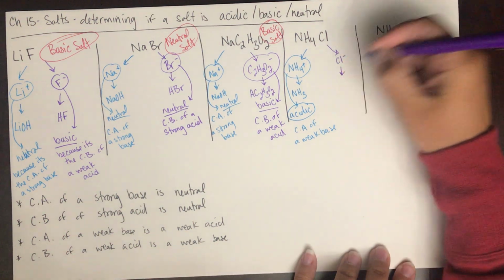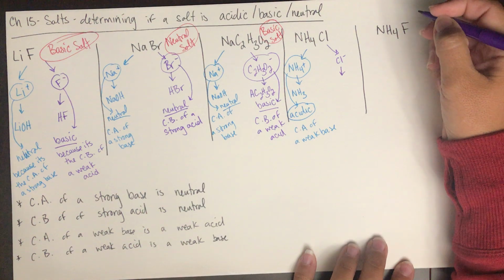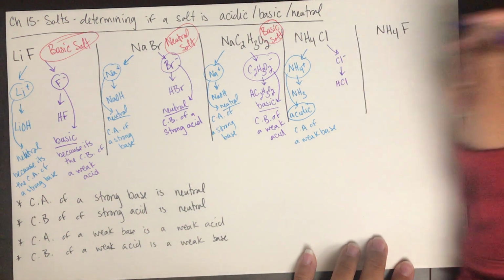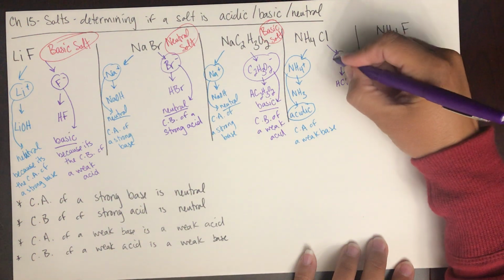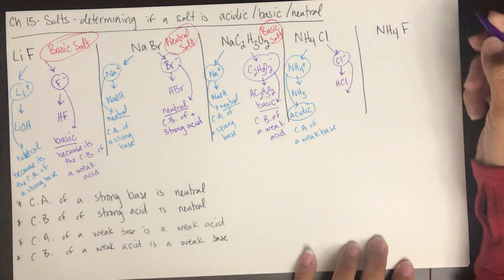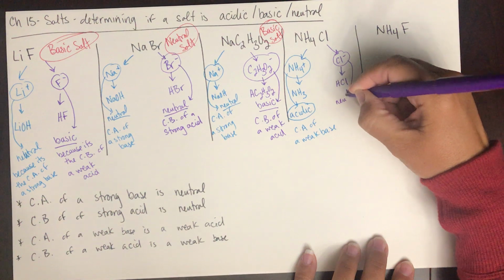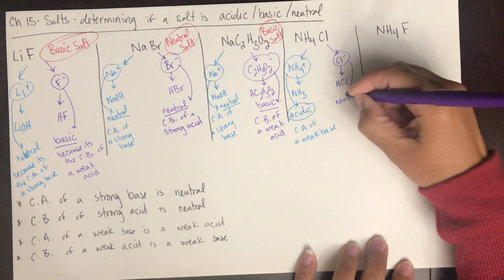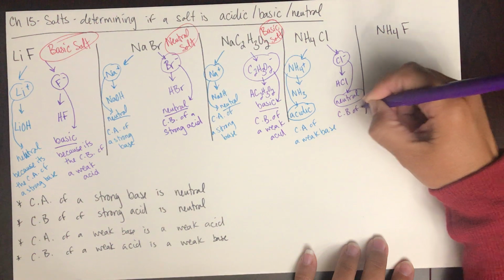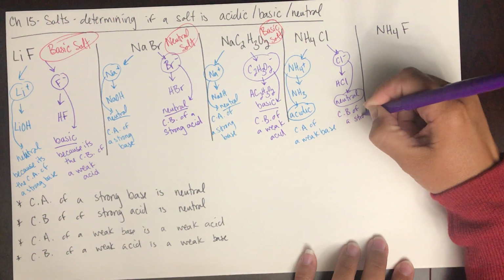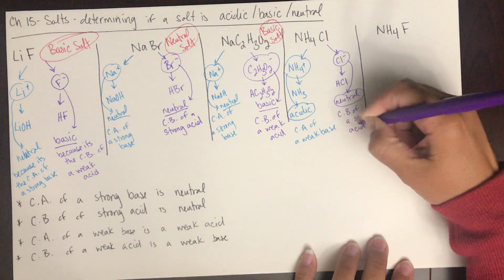Chloride is the conjugate base of hydrochloric acid. Hydrochloric acid is on the list of strong acids, which makes this chloride ion neutral because it is the conjugate base of a strong acid.